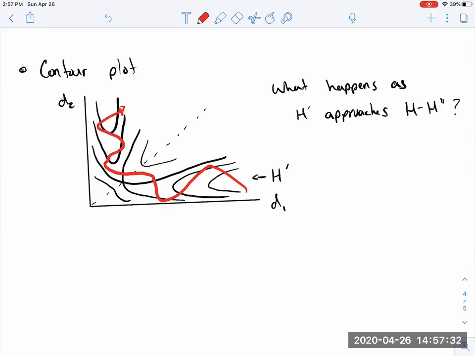Something like so. So that would be an example of a reactive trajectory. That H prime comes in with sufficient energy that it can overcome that barrier.